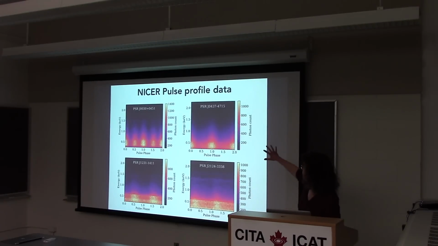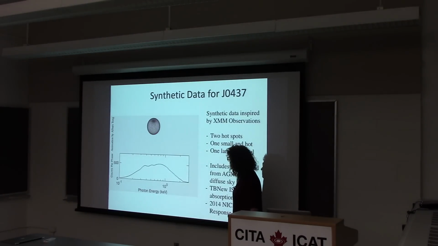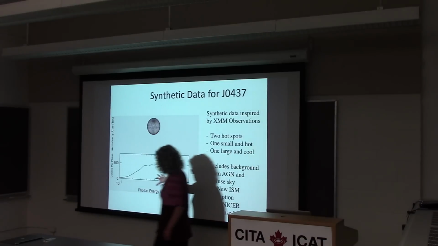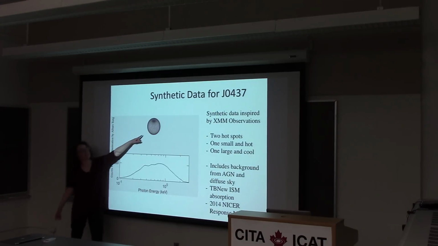Now, this is one way to visualize the data in terms of colors. A different kind of visualization, here we are, is one my students made: a spectrum that oscillates in time as the star rotates.